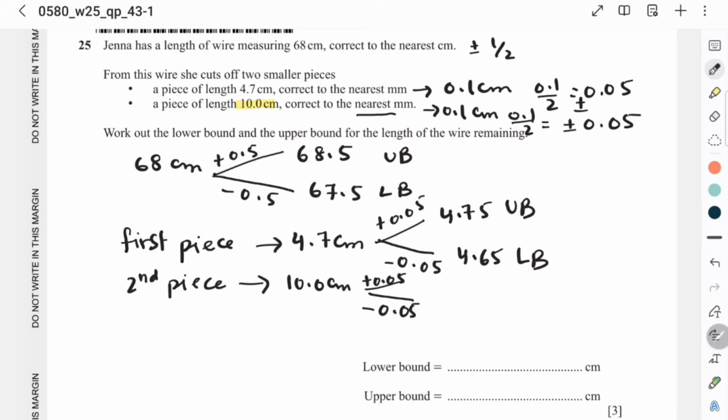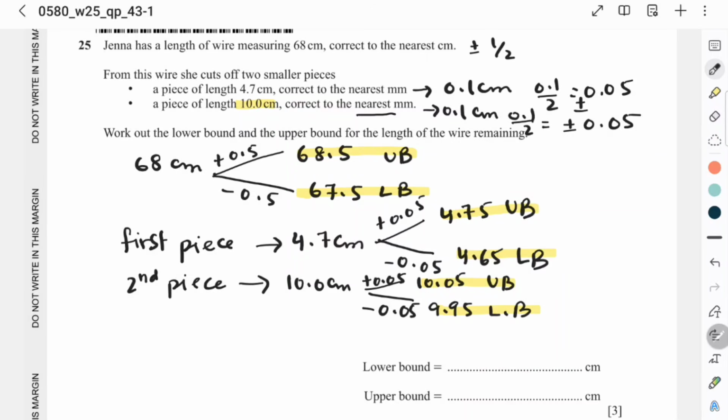That will become 10.05 and 9.95. This is the upper bound and this is the lower bound. So we have the upper and lower bounds for the pieces they are cutting.